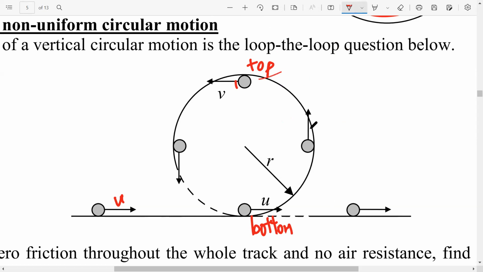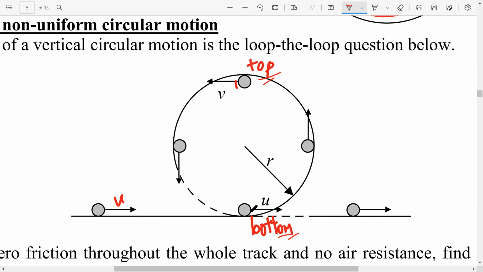Between the top and the bottom, there is a gain in GPE, there will be a loss in KE. Because of that, the speed is going to decrease. That's why it's a non-uniform circular motion.